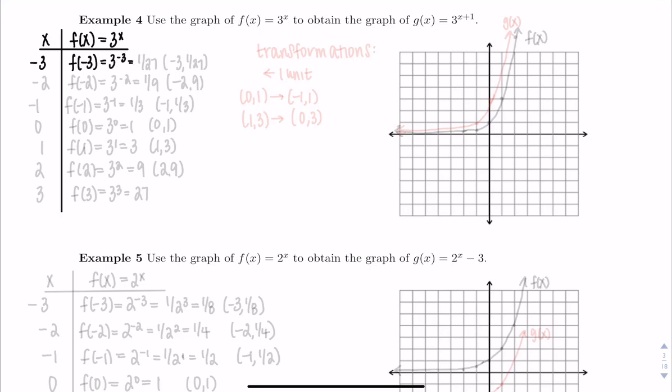So 3 to the negative 3 is going to give me 1 over 27. Negative 2 is going to give me 1/9.